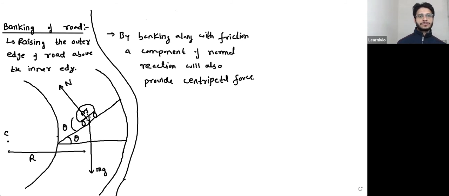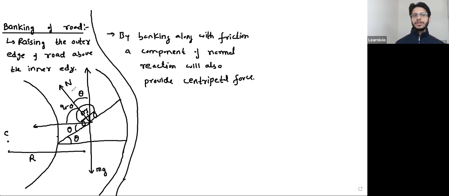This is the horizontal direction, and this is the vertical one. This and this are perpendicular, so I call this 90 minus theta. Again perpendicular, so I call this theta.